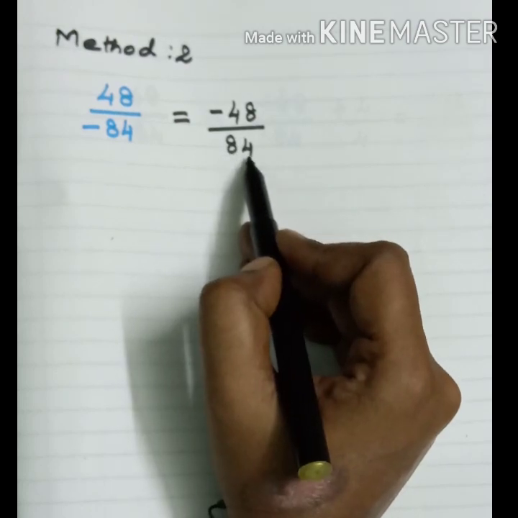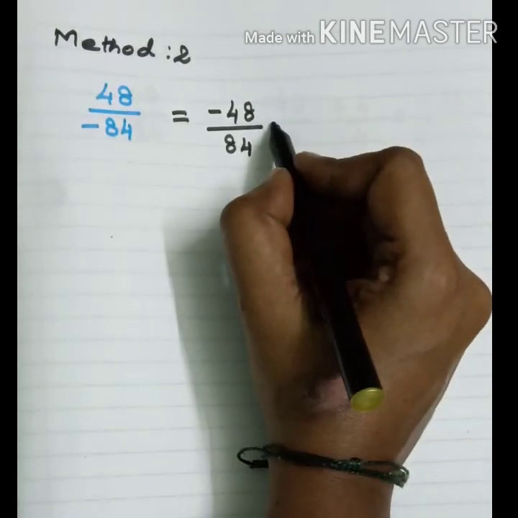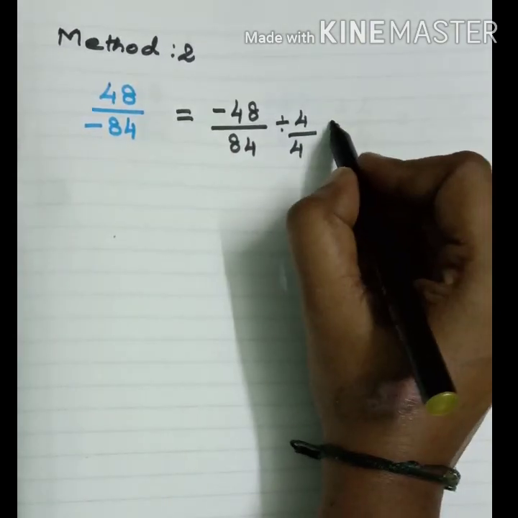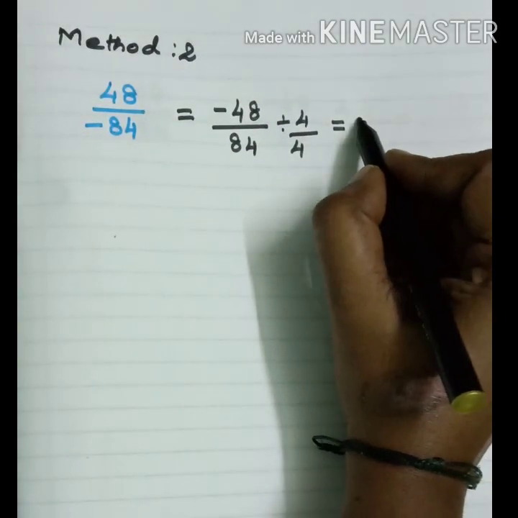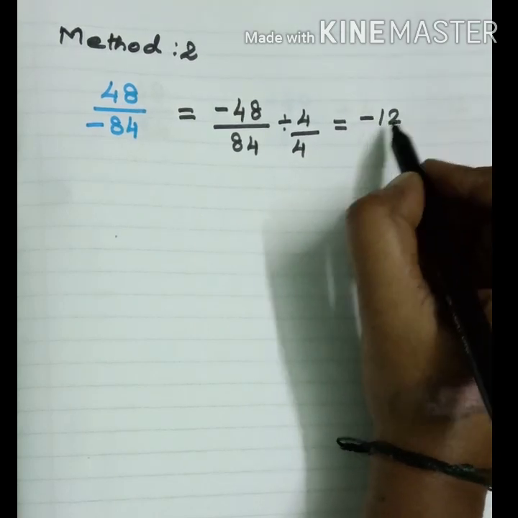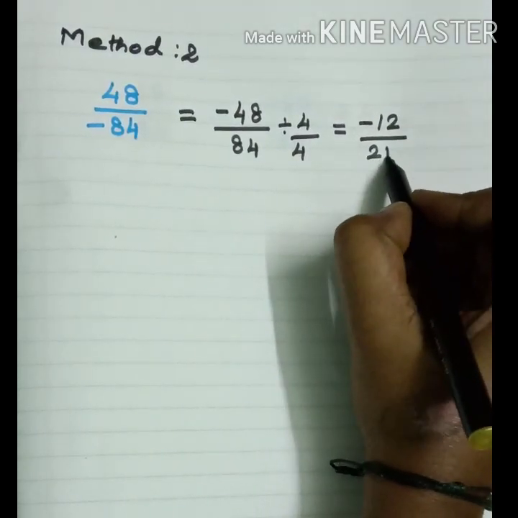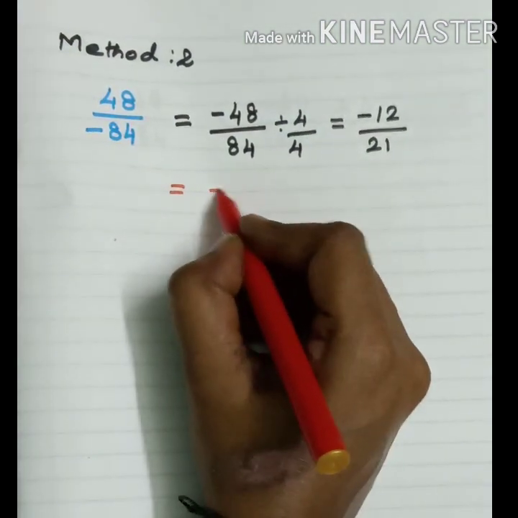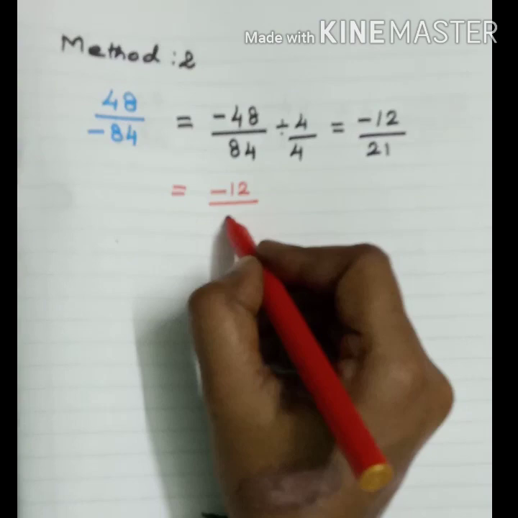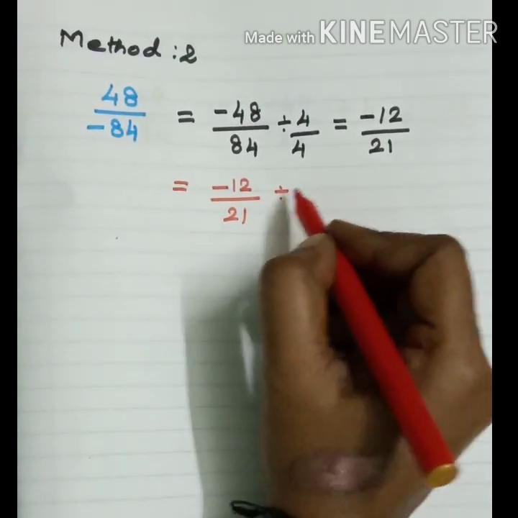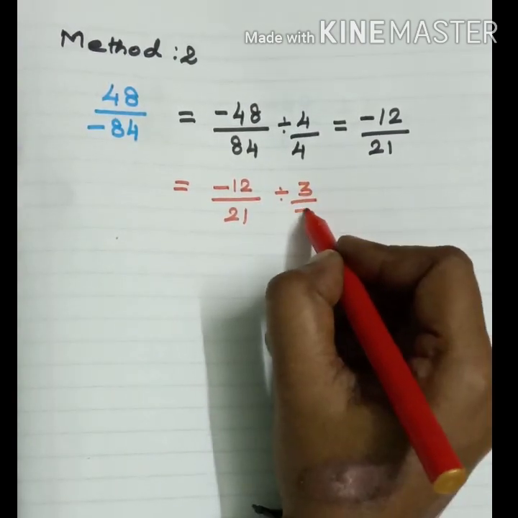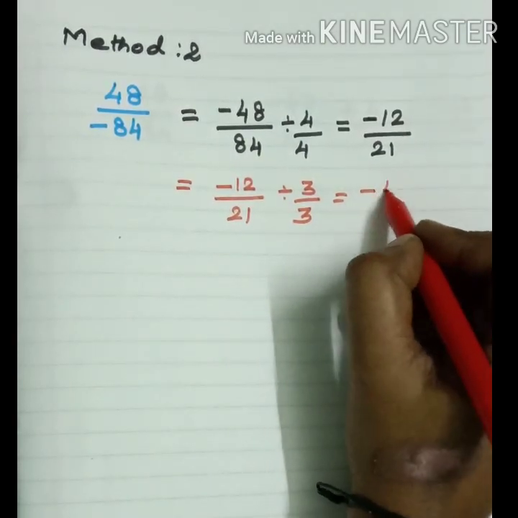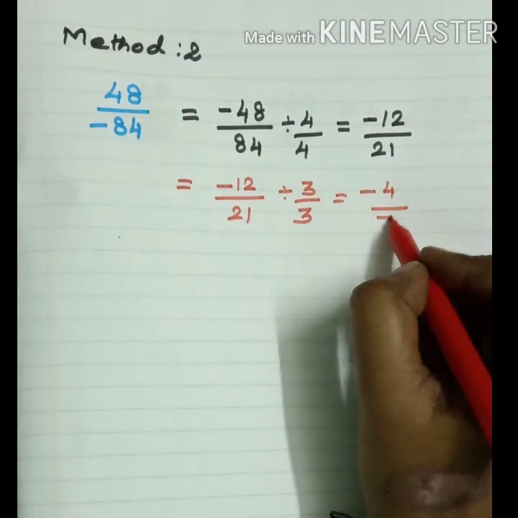48 and 84 are divisible by 4. So we get minus 12 by 21. Now, this minus 12 by 21 is divisible by 3. So, we get minus 4 by 7.